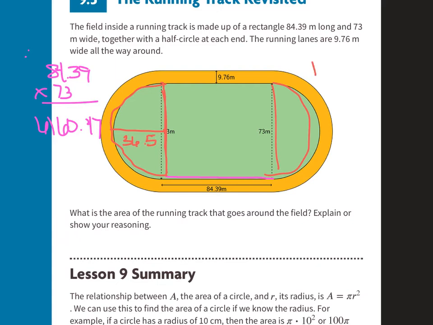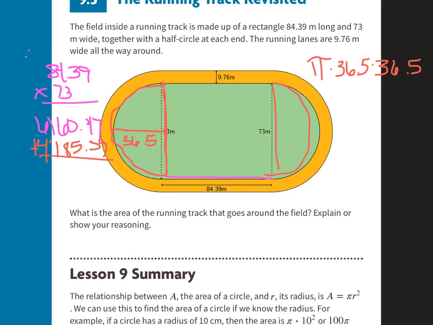Then I just go pi times 36.5 times 36.5, which is 4,185.39 if I round.